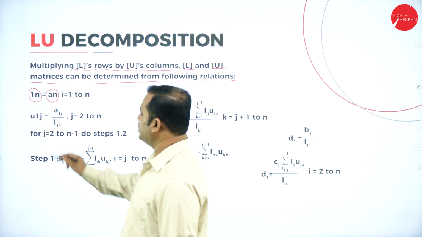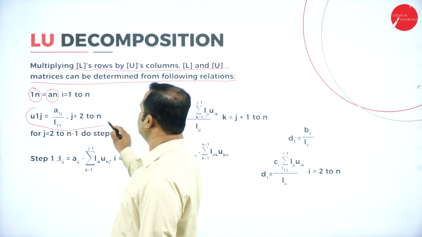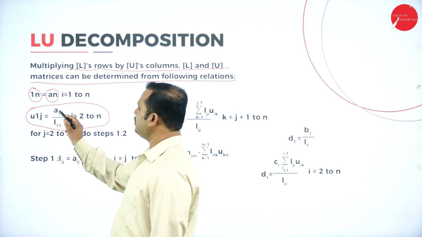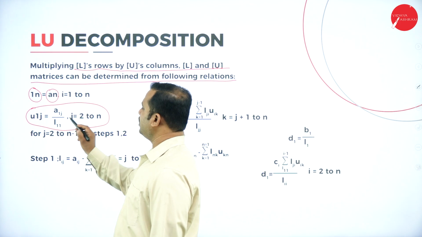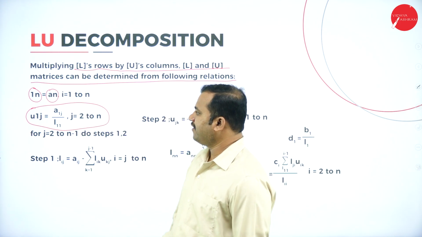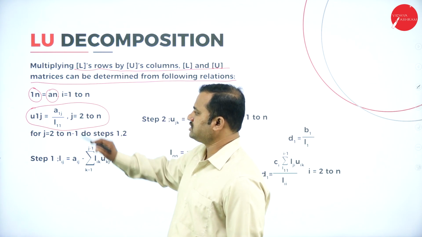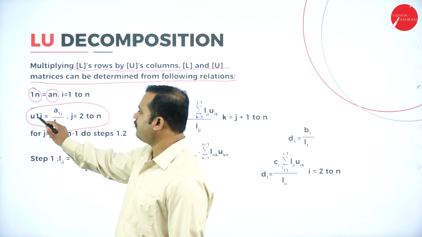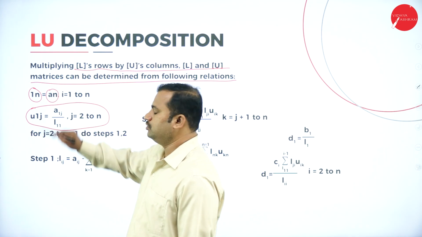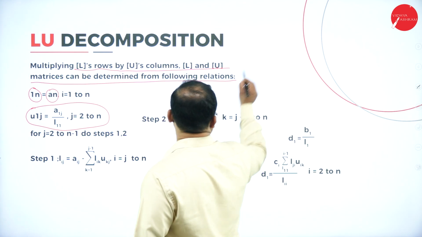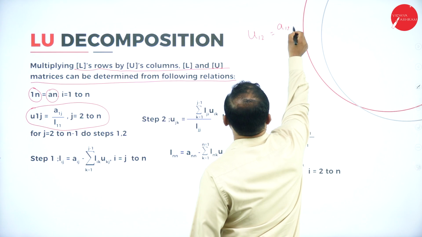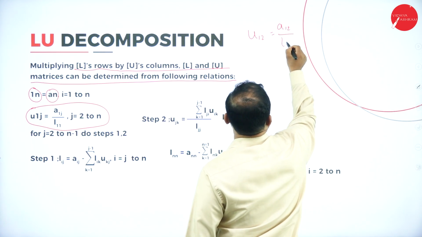If that is the case, let me consider U1j is equal to A1j divided by L11, j is equal to 2 to n. I have the values ranging from this, where U of 1, j is what? 2. U12 is equal to A12 divided by L11.